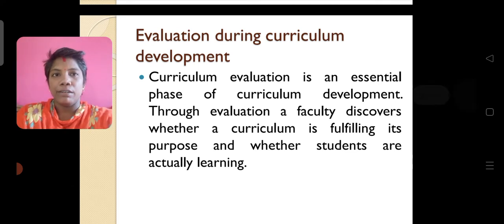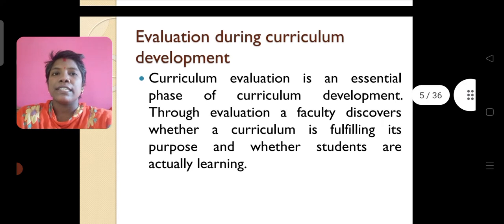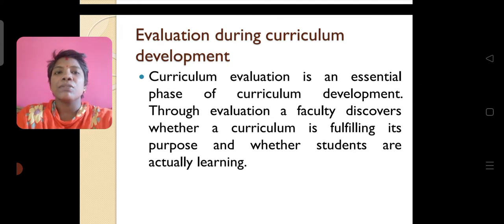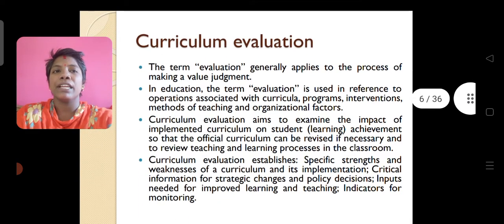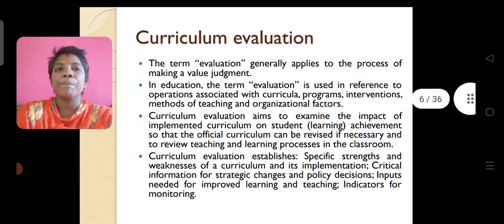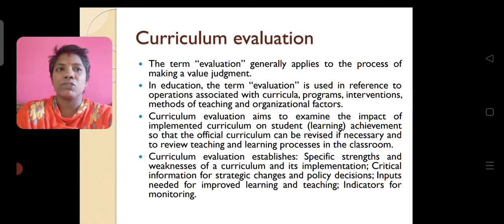Evaluation of curriculum content. Curriculum evaluation is an essential phase of curriculum development. Through the evaluation, a faculty discovers whether the curriculum is fulfilling its purpose and whether students are actually learning. What they are learning is what we evaluate. The curriculum evaluation. The term evaluation generally applies to the process of making a value judgment.